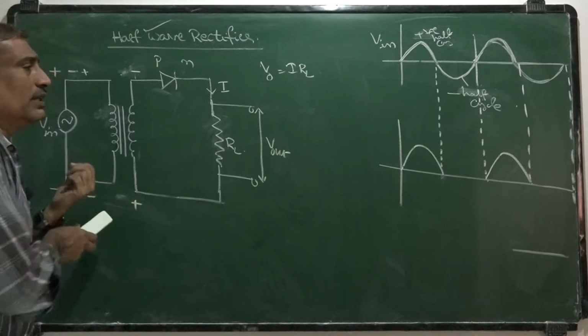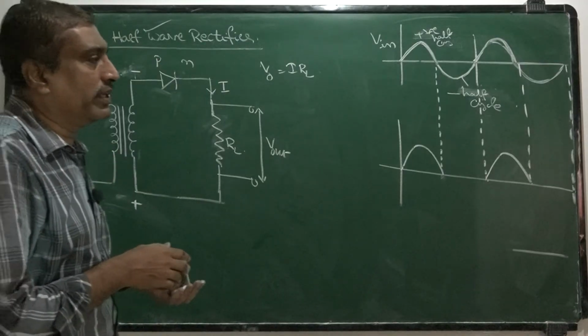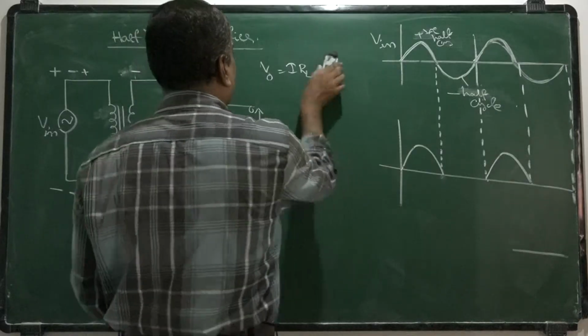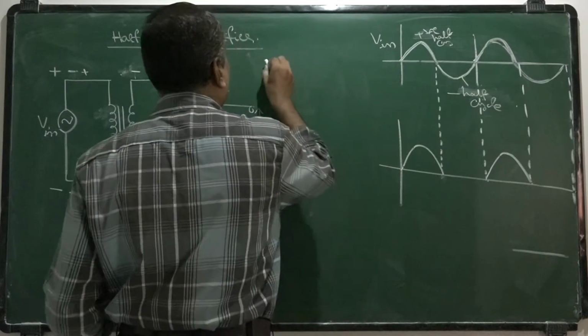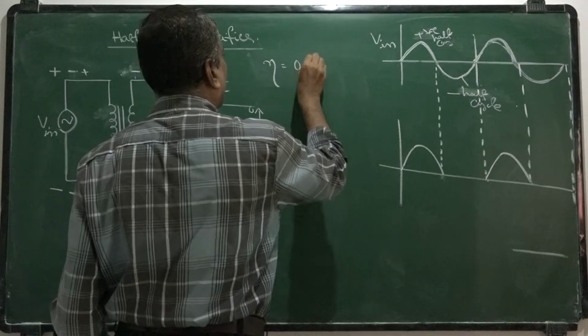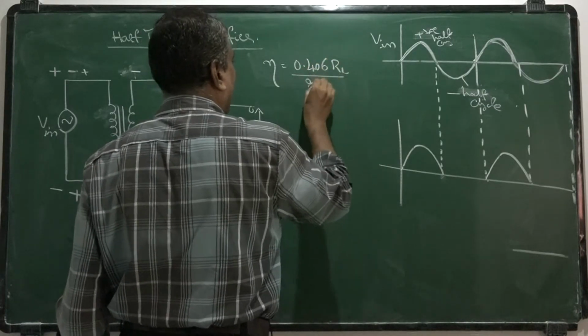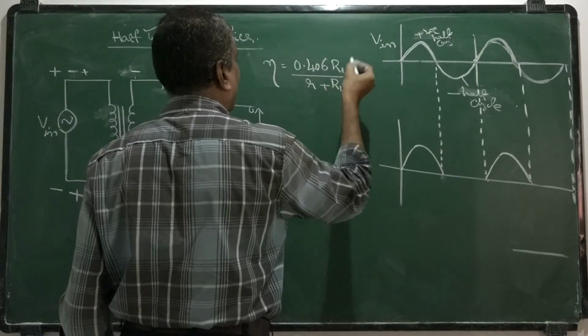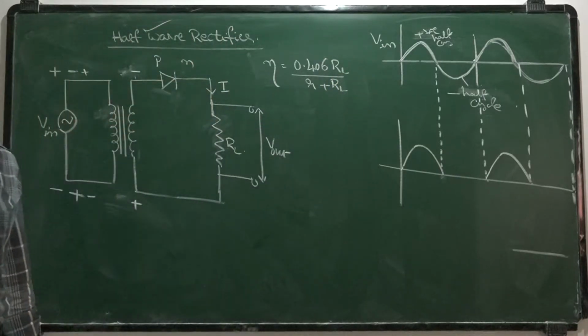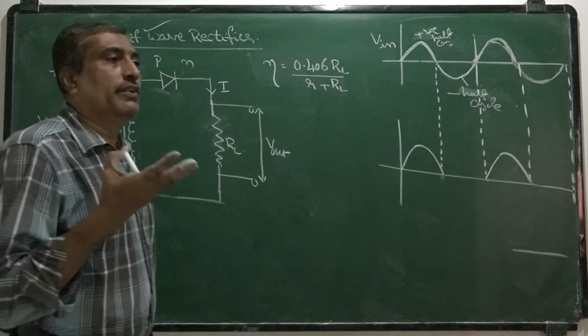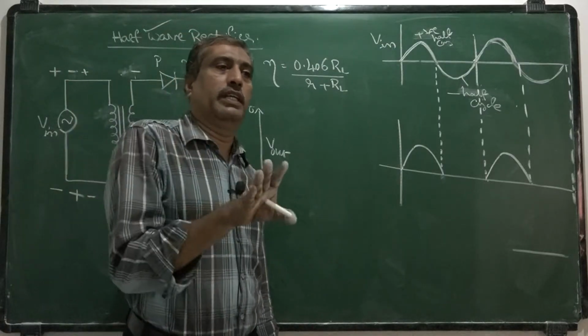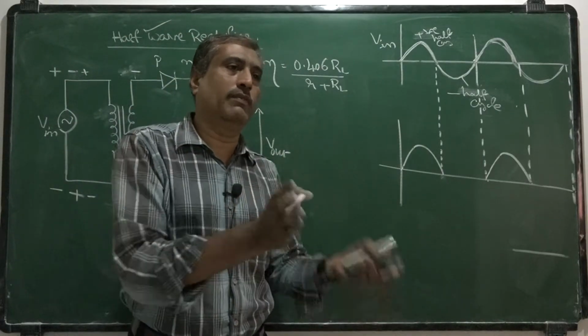Now the efficiency of this half wave rectifier, eta, is given as 0.406 into RL by RF plus RL. Efficiency means the ability to convert from one form to another form.